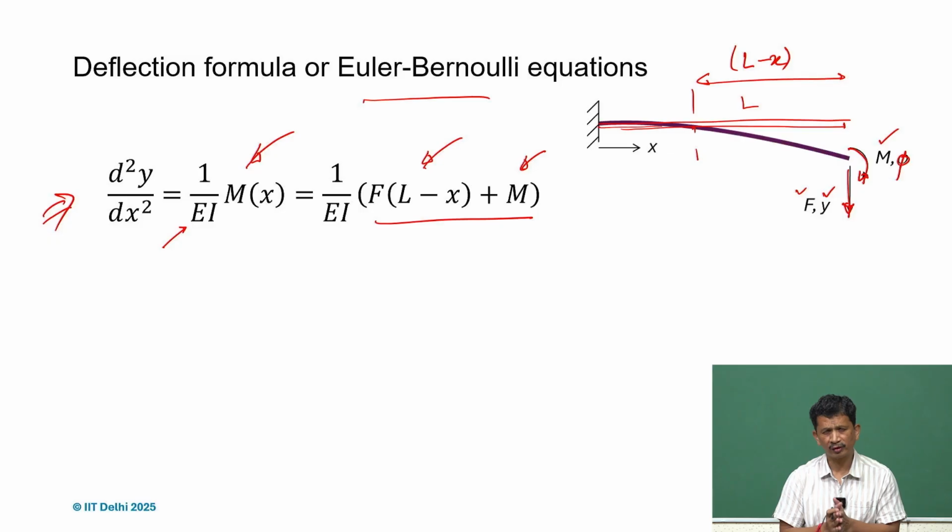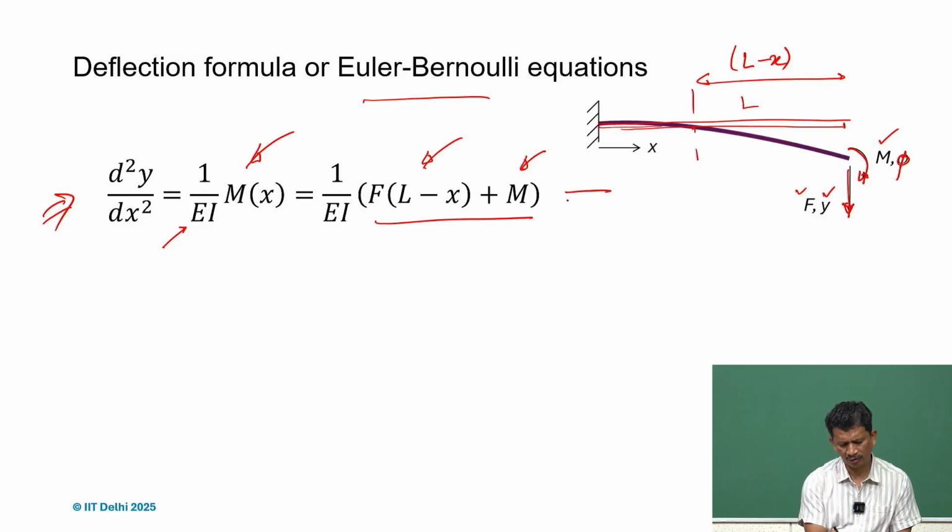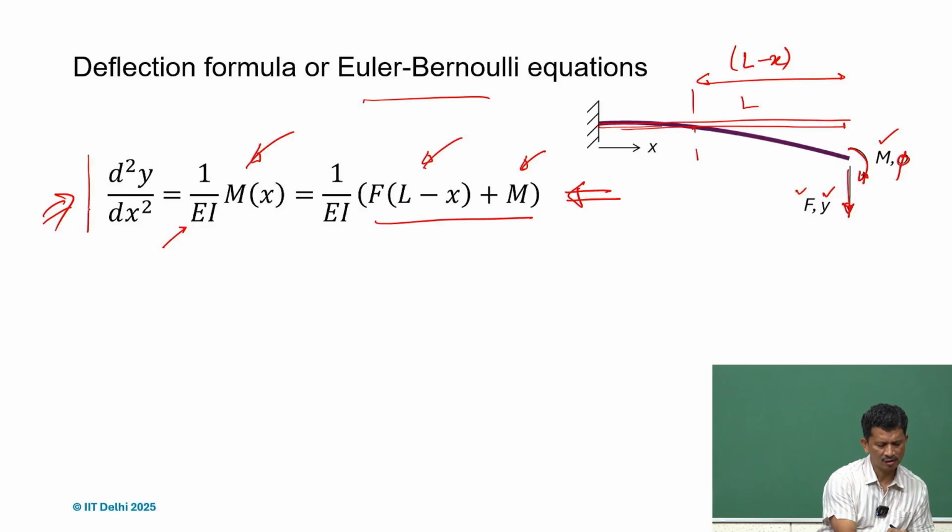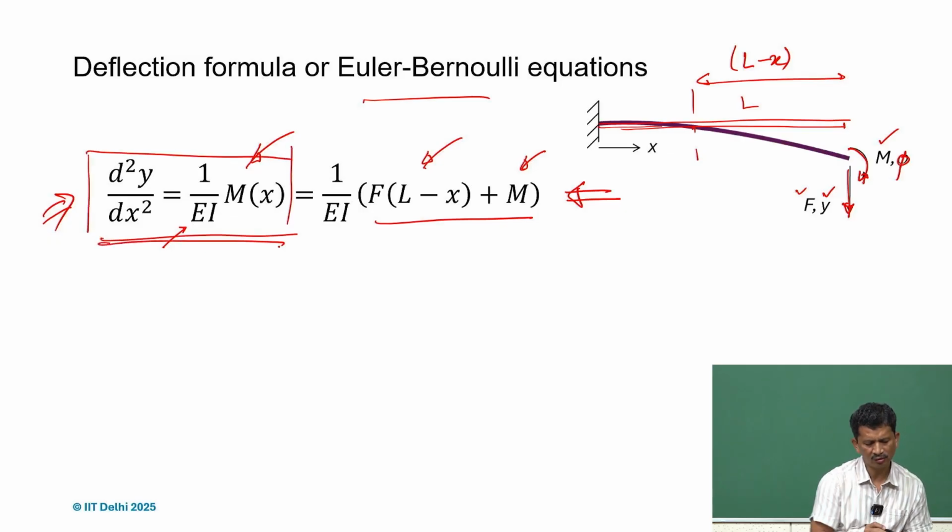So we want to do some rough, back of the envelope calculation, so that we know the range of motion and the stiffnesses we are talking about, and therefore we use this basic bending equation. This is the key. We should always remember d2y by dx squared is equal to M by EI. And if force and moment are both acting, we place the bending moment as a function of x, and this is the basic equation to work with.